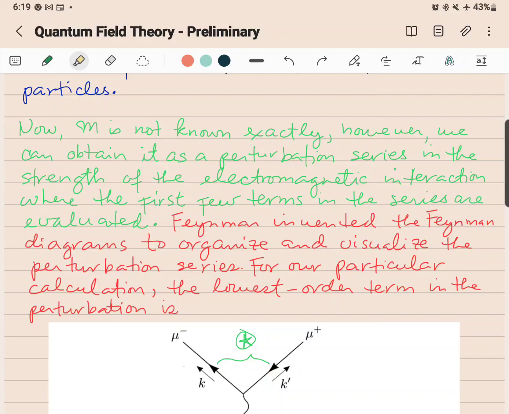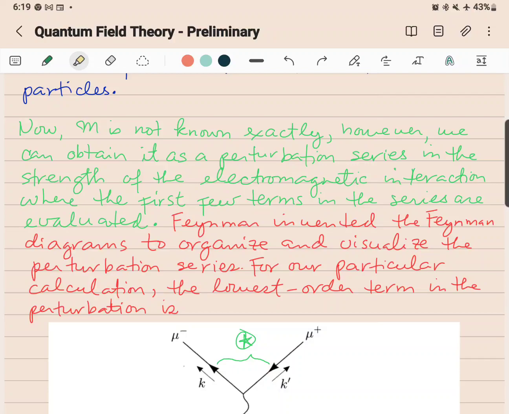So Feynman invented the Feynman diagrams to organize and visualize the perturbation series. The most important Feynman diagram is the tree-level diagram, where the vertices are the least that you can see in a particular interaction, because sometimes the interaction can have many things going on between the initial and the final particles.